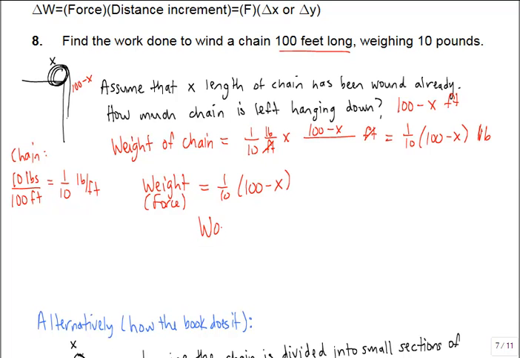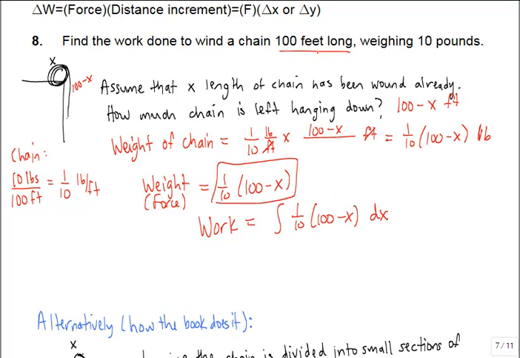So this one is a little bit different than how we've done the fluid problems. Our work integral here is going to be this weight right here times our distance, which is going to be our dx. And how much do my bounds need to be? Well, how much does my x vary? Because that's the variable that we're using here.